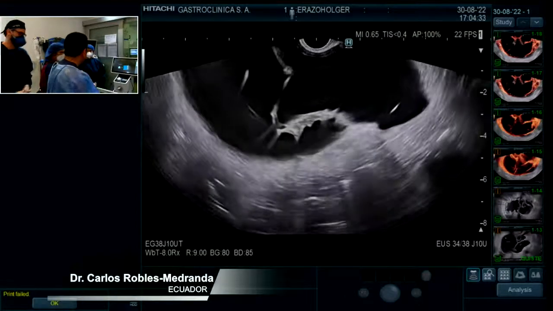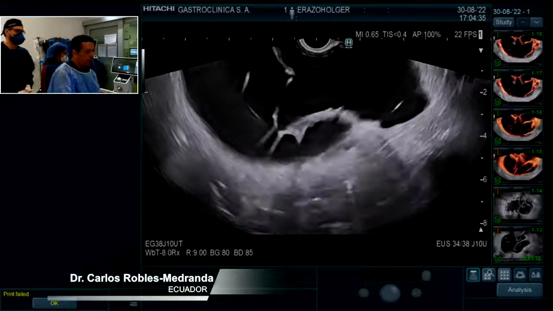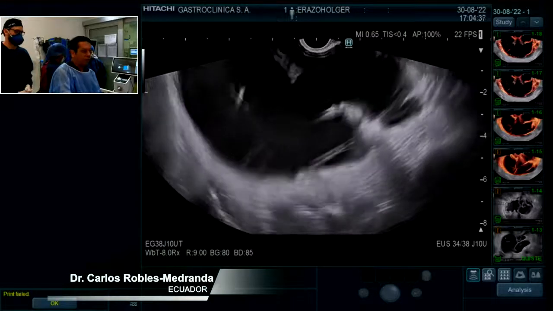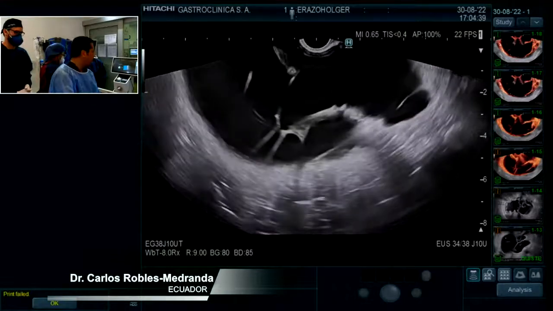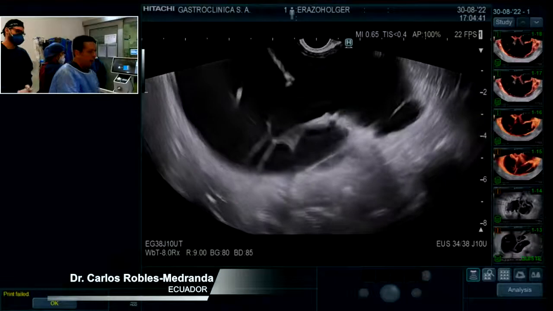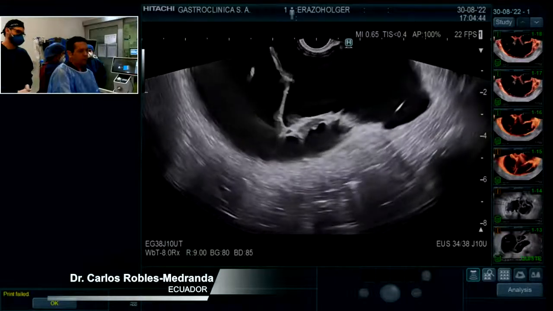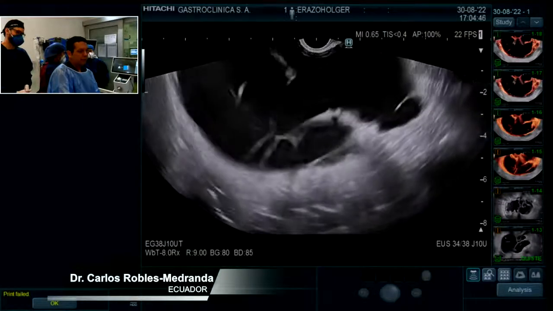This is a 54-year-old male with a history of abdominal pain, and they performed an abdominal ultrasound and a CT scan, which showed a cystic lesion.